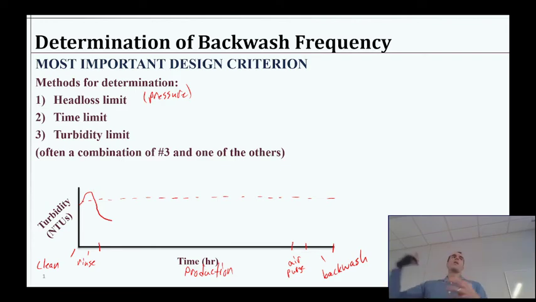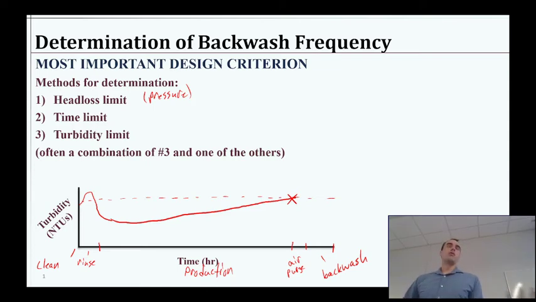It causes more particles to be removed by the filters. So it's like an enhancement effect for a little while. So we could even draw this as, for the first maybe 10 hours or so, decreased a little bit, and then eventually we hit that spot and say, oh, we reached our limit, and so we're no longer going to produce any more water because we are at our turbidity limit.